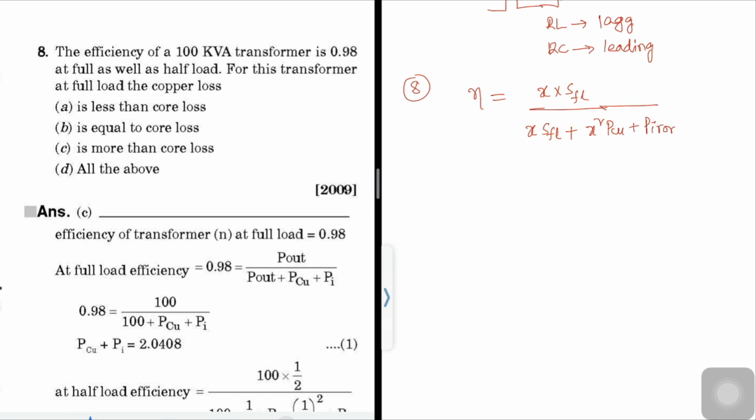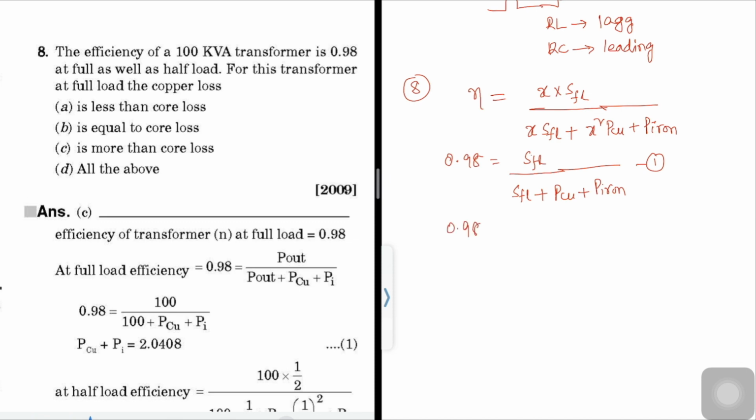That is the general efficiency. Here they have given that at full load and half load, the efficiency is 0.98. So 0.98 equals S at full load by S full load plus copper loss at full load plus P iron. This is equation 1.